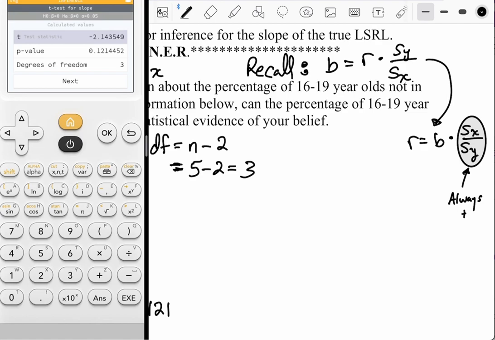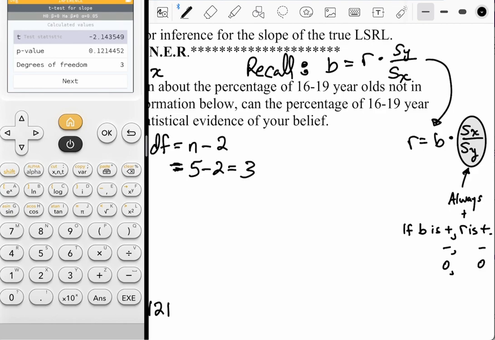So if B is positive, R is positive. If B is negative, R is negative. If B is 0, R is 0. So drawing a conclusion about the slope helps us draw a conclusion about the correlation.